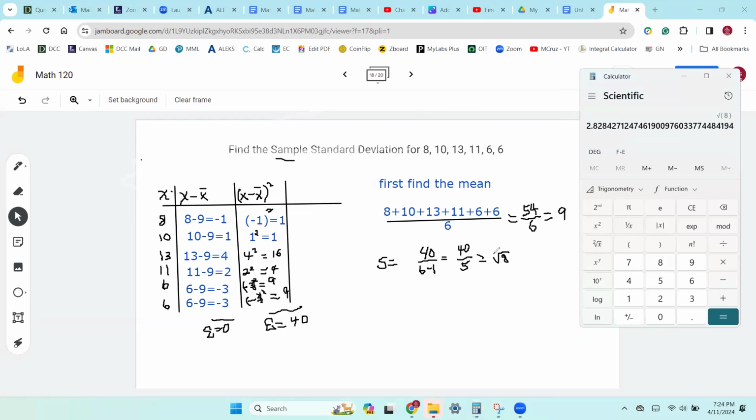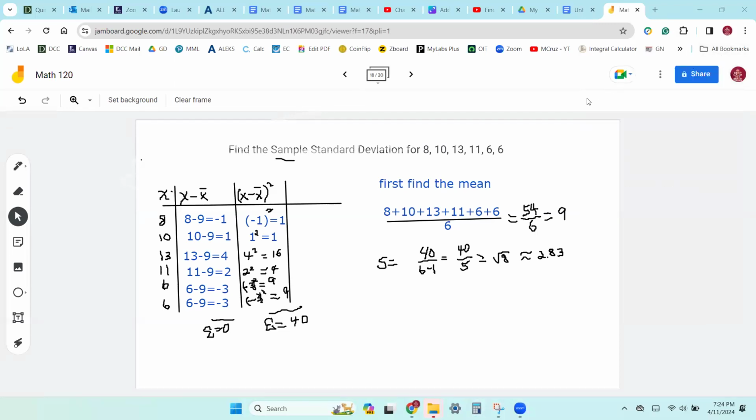Because you're almost always going to have to approximate these by rounding them. So pay attention. All right. So that's the whole process for finding the standard deviation.